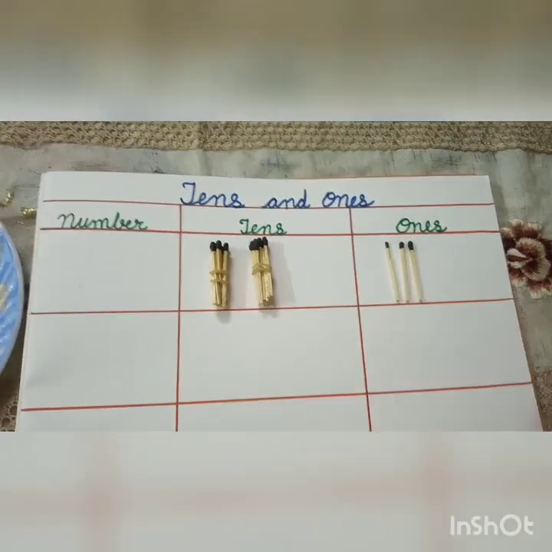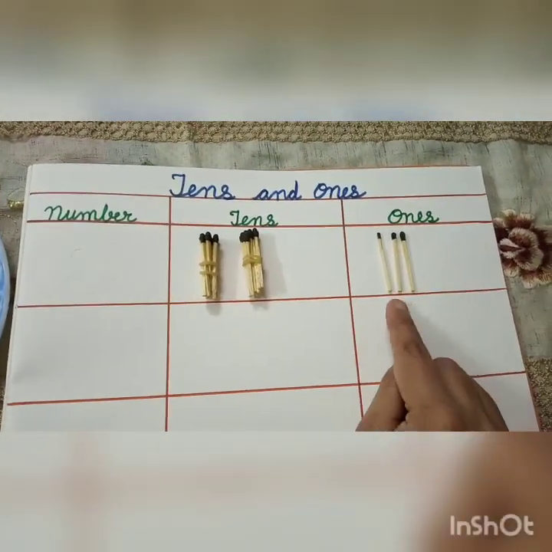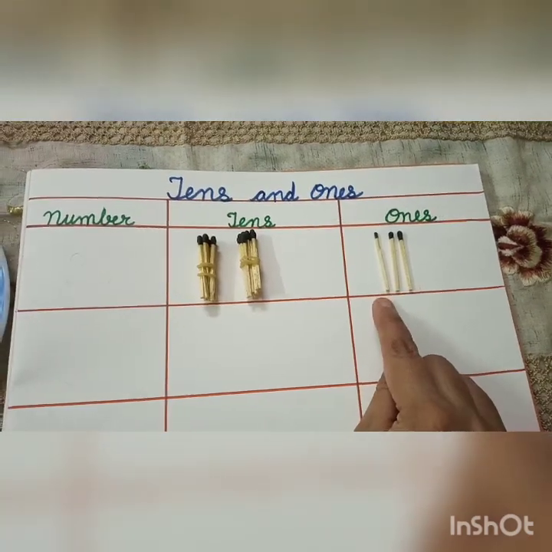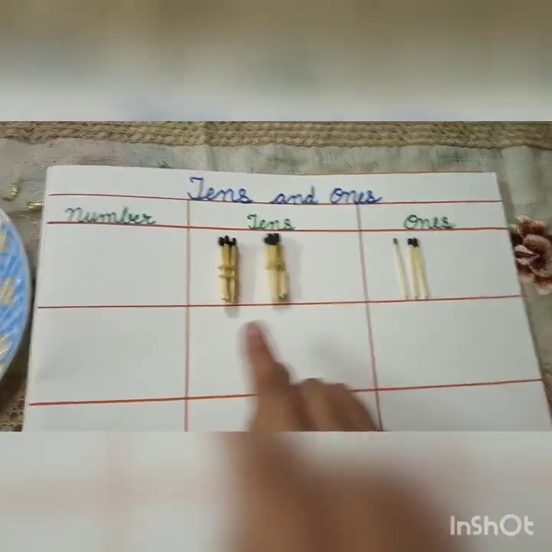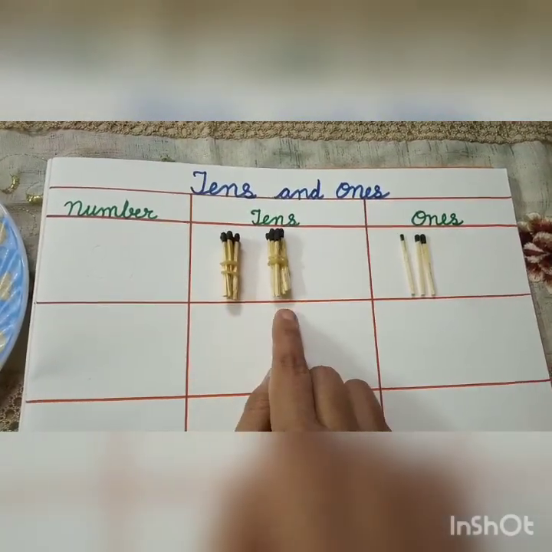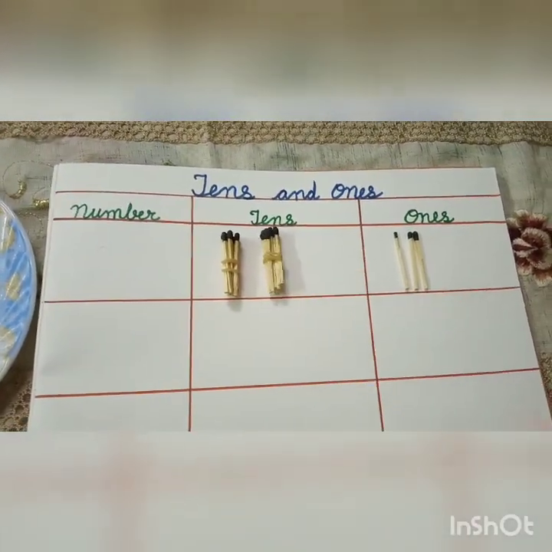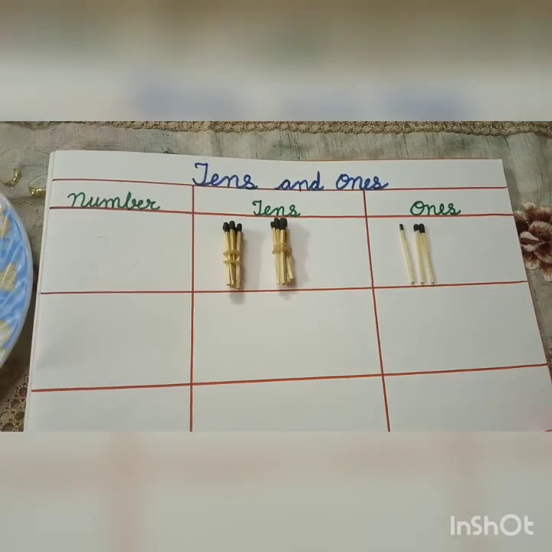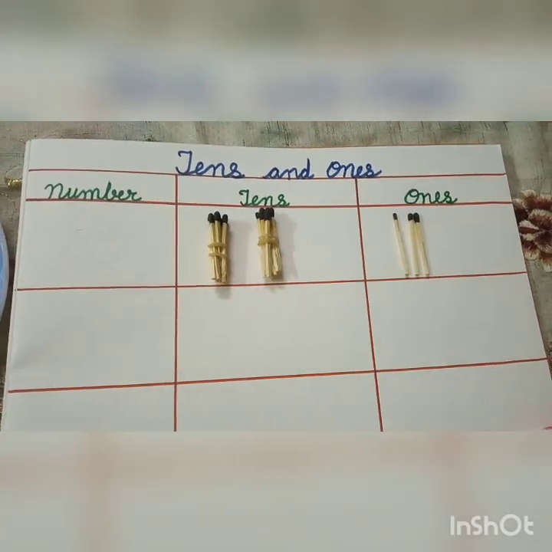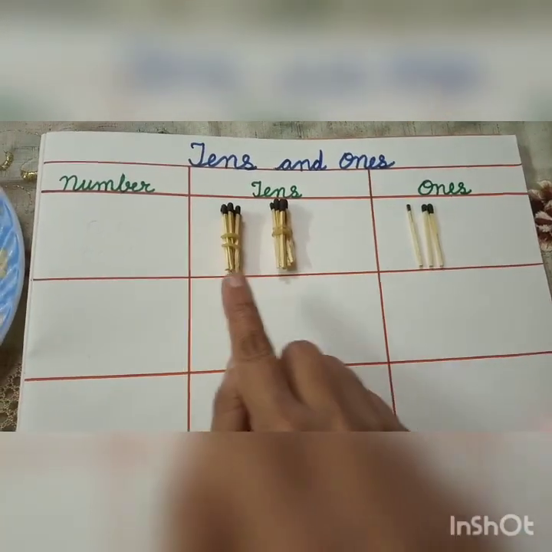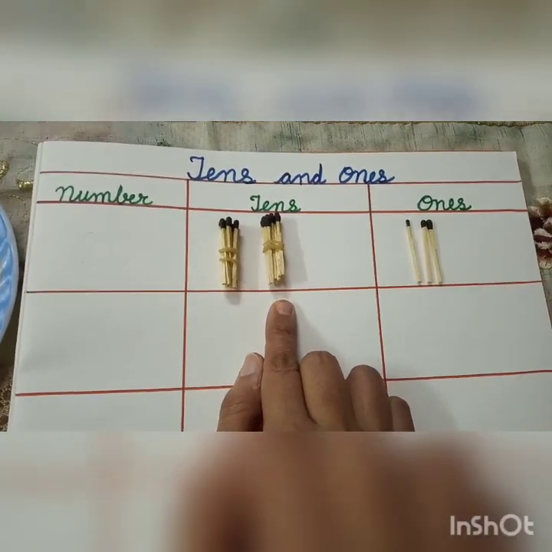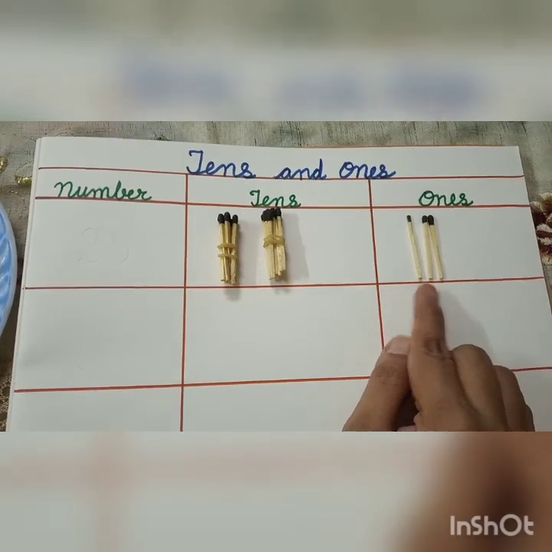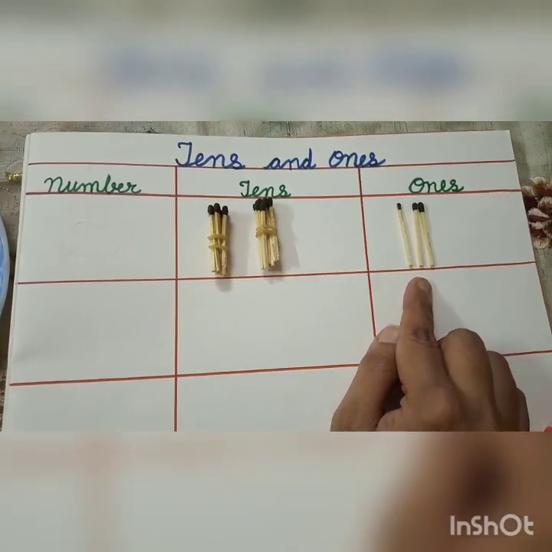Okay. Now in the ones column I will take 3 matchsticks. Now tell me how many ones are here now? 1, 2, 3. 3 ones. And how many tens are here? 1, 2, 2 tens. So can you tell me which number is formed now? Yes, 2 tens means 10 plus 10, 20, and 20 plus 3 will be 23.